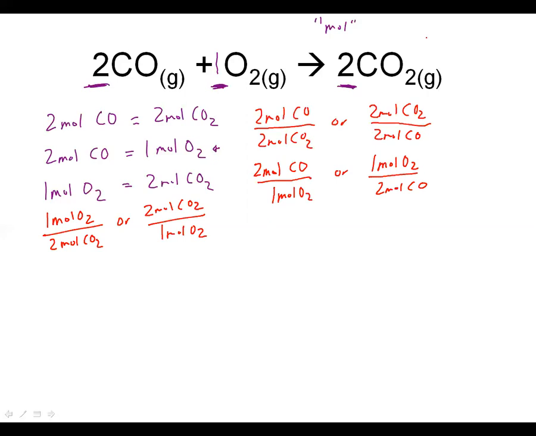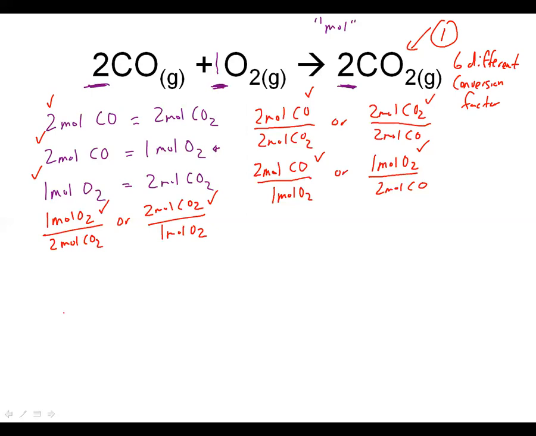From this one individual equation, we were able to get 1, 2, 3, 4, 5, and 6 different conversion factors that we can use. And we get those 6 different conversion factors from 3 stoichiometric relationships to each other.